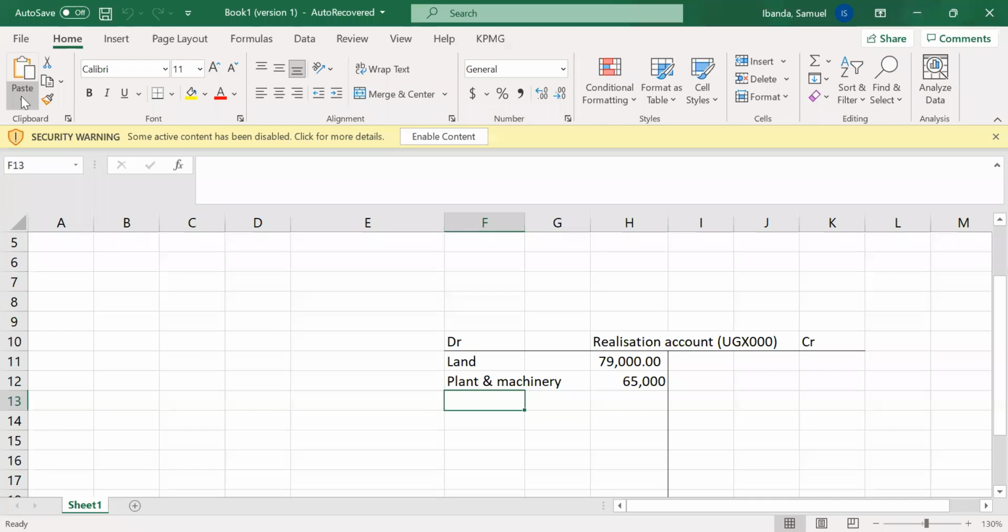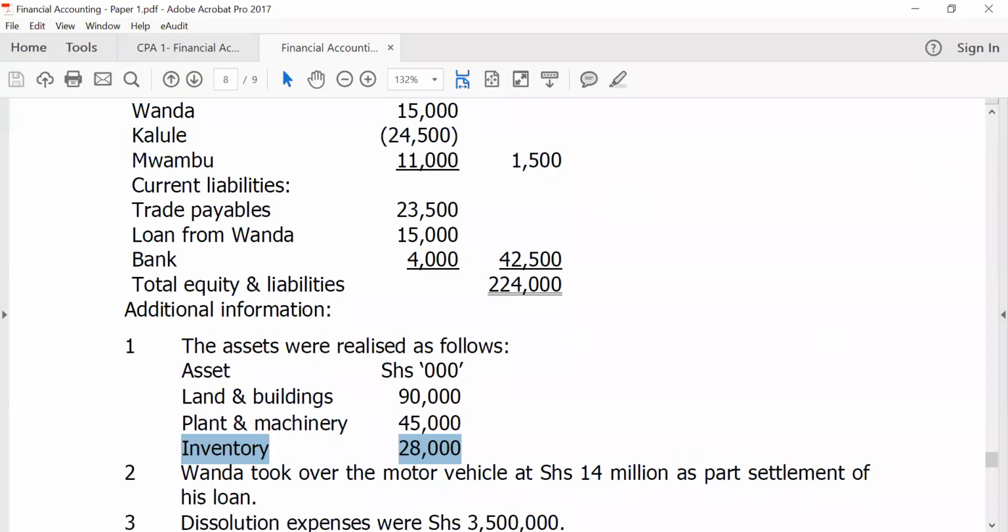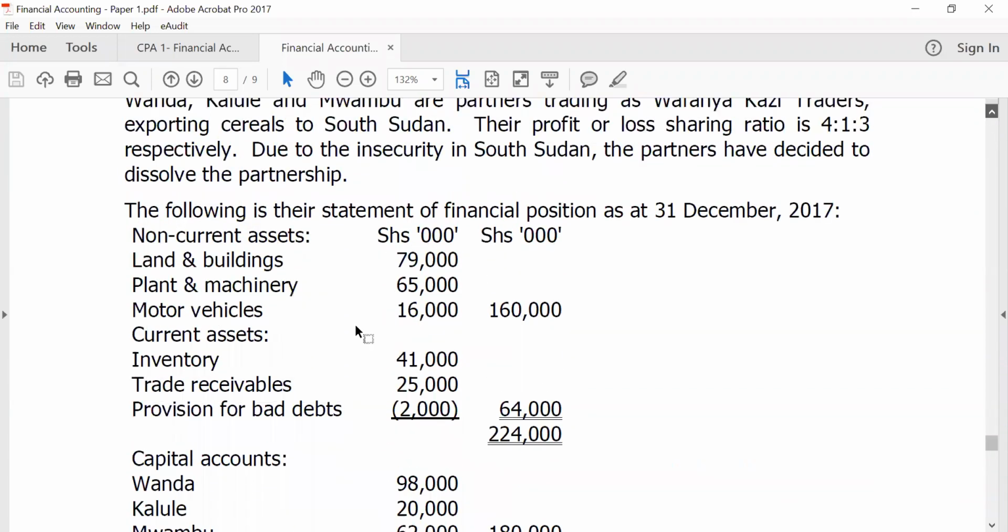You bring your inventory. Oh, we didn't take the wrong figure. It's not 28. It's the one up. It's this one that we are supposed to take.